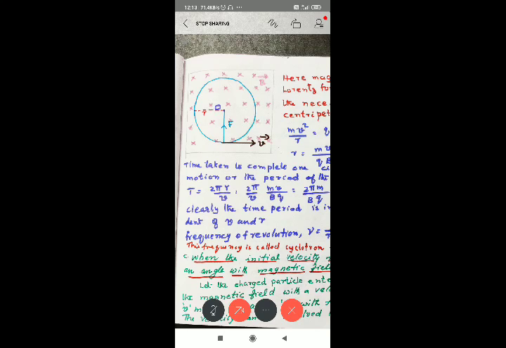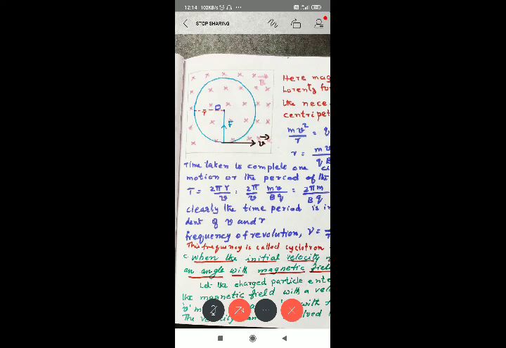Okay, and then the velocity of the particle is moving perpendicular to that, like this. One is into the plane, one is in this direction, opposite, making 90 degrees.